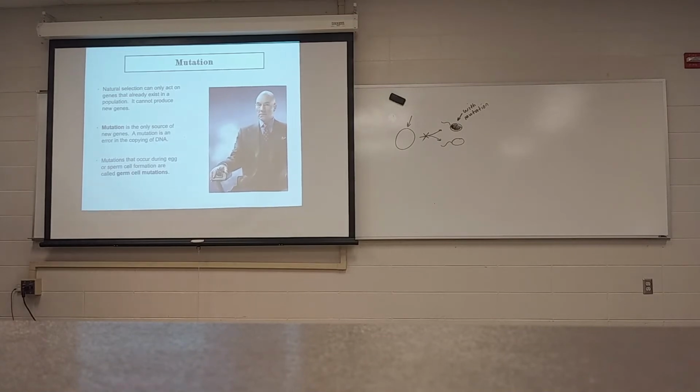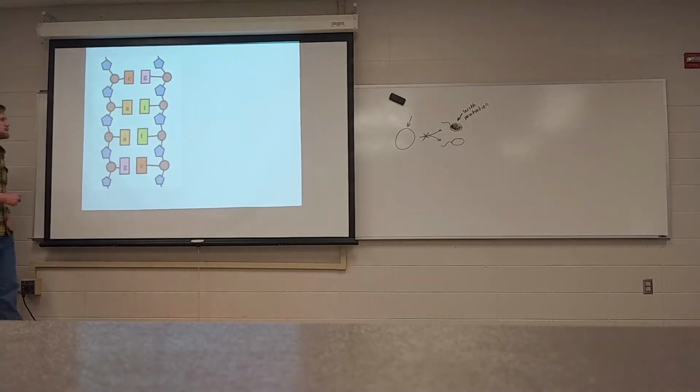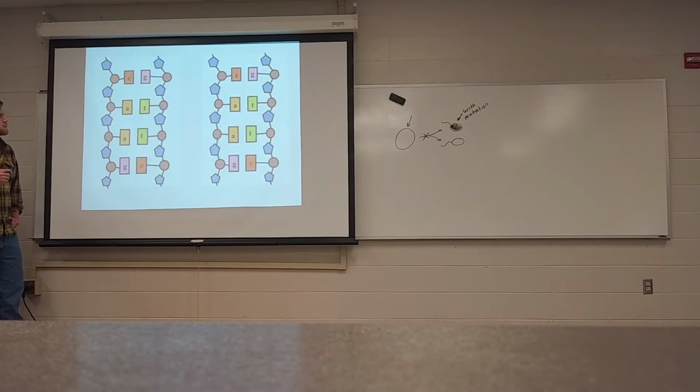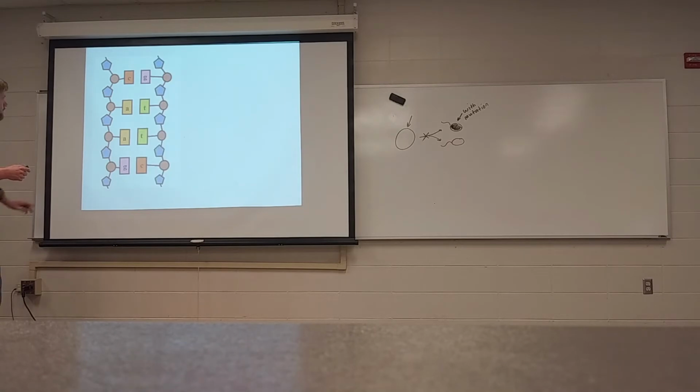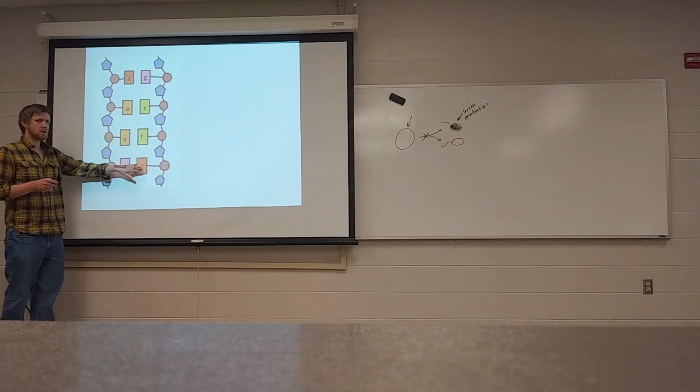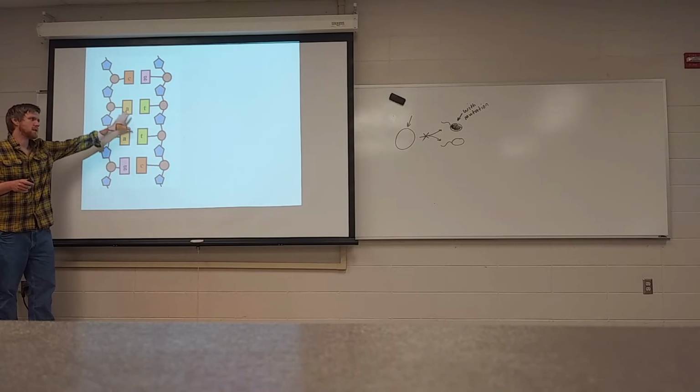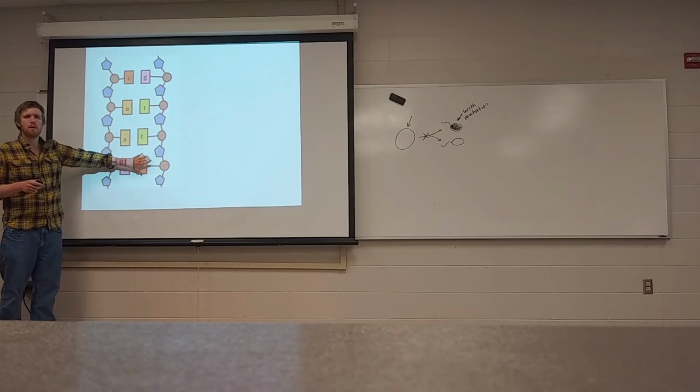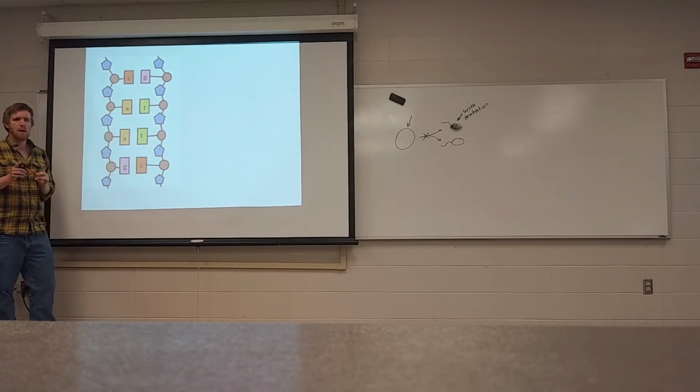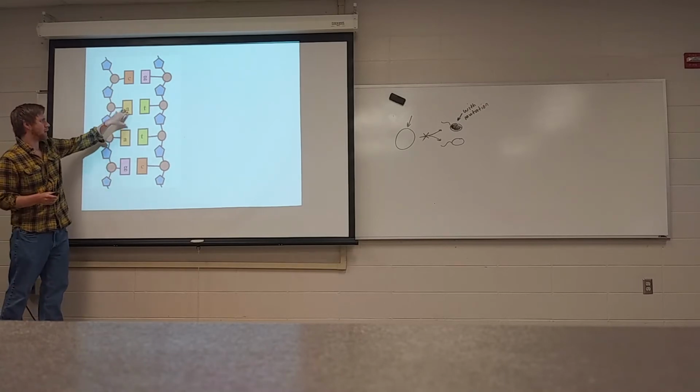So here's an example of a small segment of DNA. What's supposed to happen when DNA is copied is it's supposed to split, and then two new strands come in and pair up with the original parental strand. G and C, which stand for guanine and cytosine, are bases within DNA. Different individuals have different arrangements of letters.